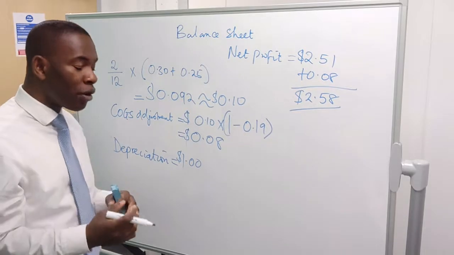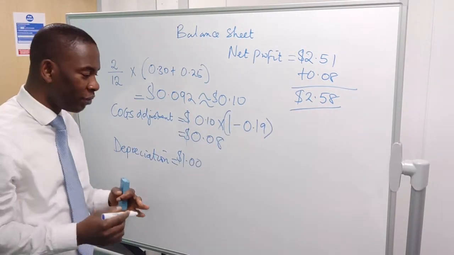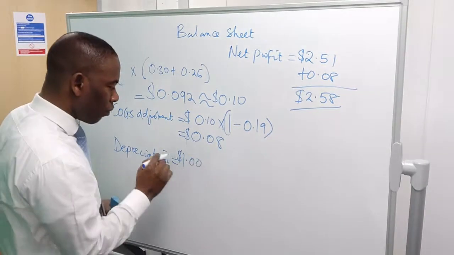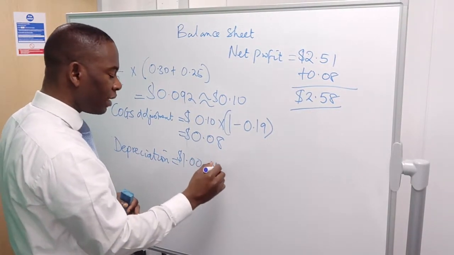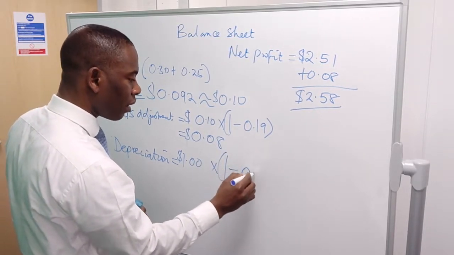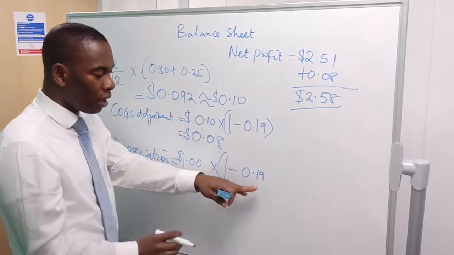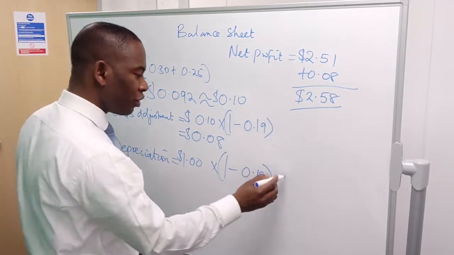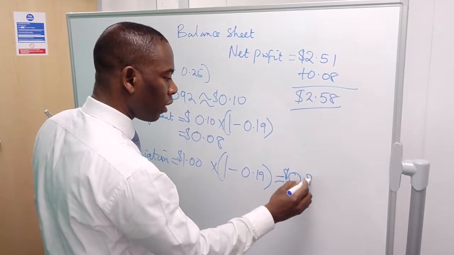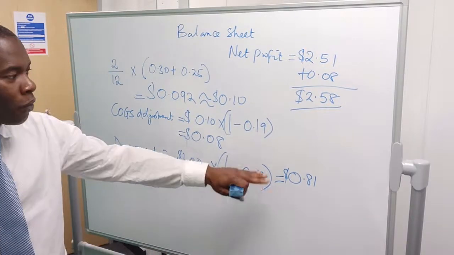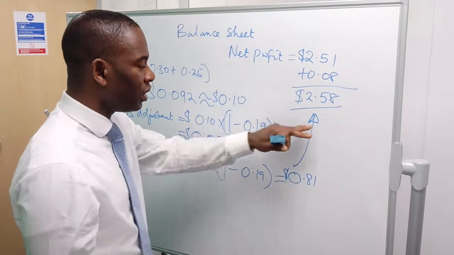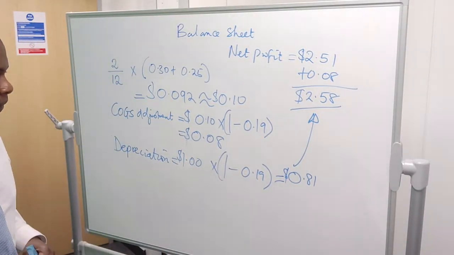For us to know the amount by which we are going to decrease our net profit, we're going to have something like this. $1 multiplied by 1 minus our income tax, which is going to give us 81 cents, by which this income statement is going to be depreciated.